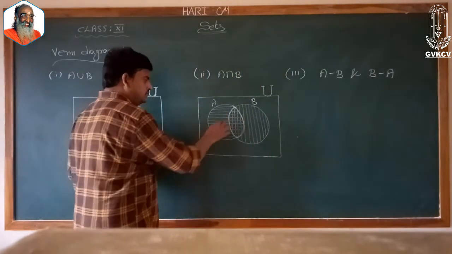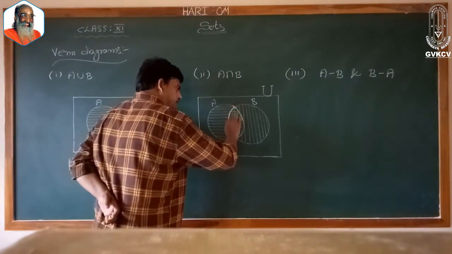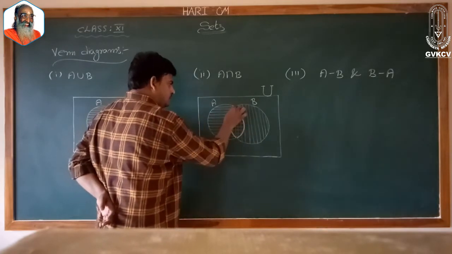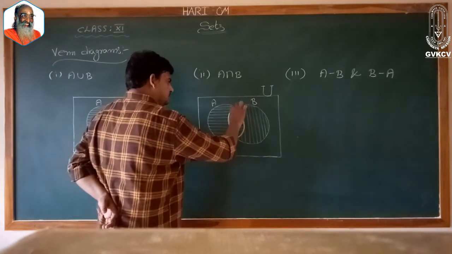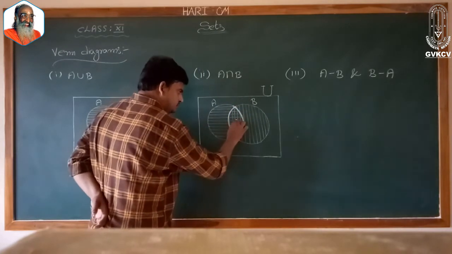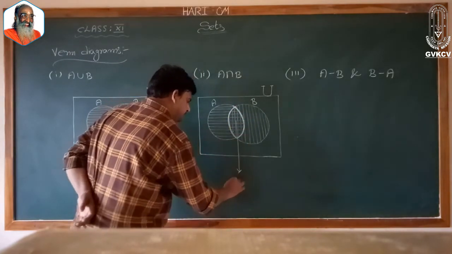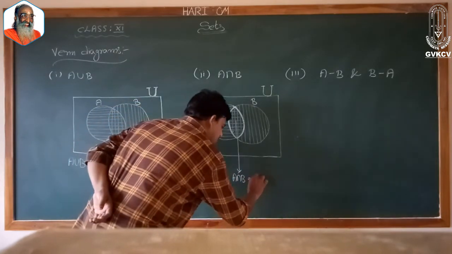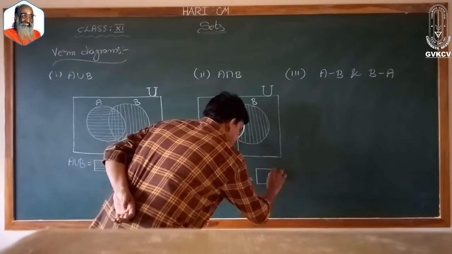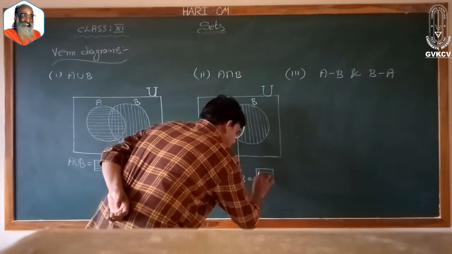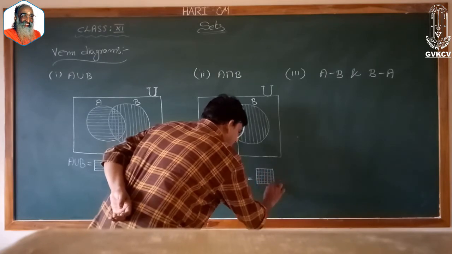Where are the boxes? This is the area where we have the boxes, just like filters. So this portion is called A intersection B. A intersection B is where we have both horizontal and vertical lines.